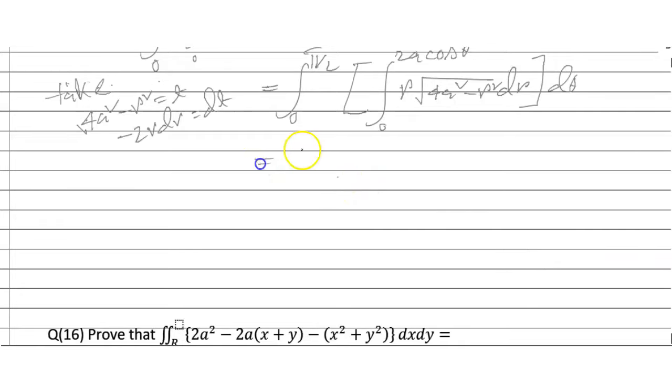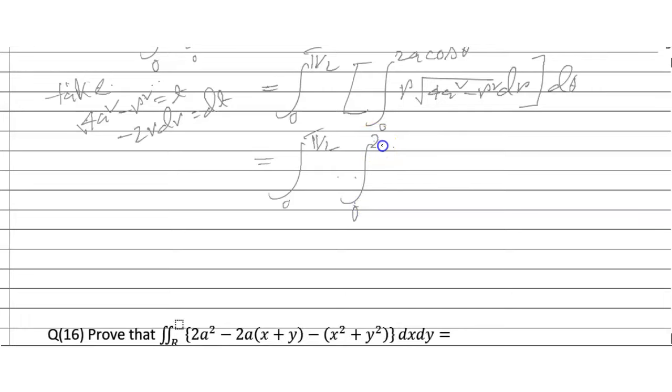I can write this way: 0 to pi by 2, putting this value, and the limit should be changed. When r is equal to 2a cos theta, okay, no problem, I will not change the limit.